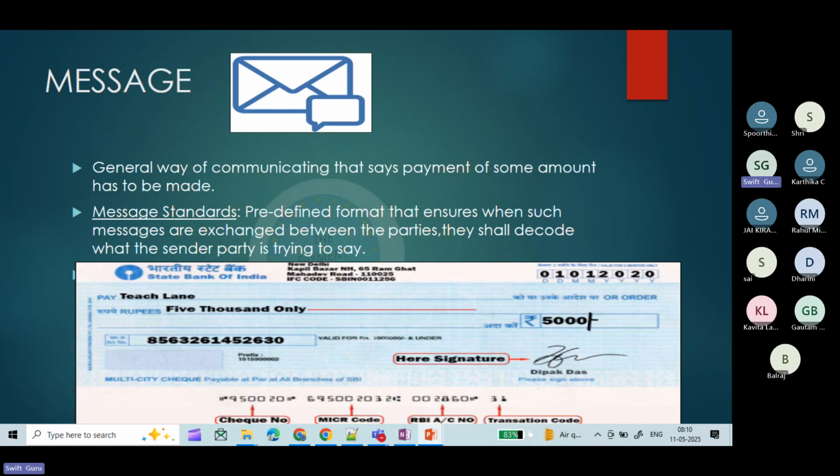You provide the person to whom you want to make a payment, then the amount in words and digits. You provide the value date, and then the signature. Nowadays, the check will have the account number pre-filled, so you will not have to provide it. And there will be certain check numbers which are also used for authentication.